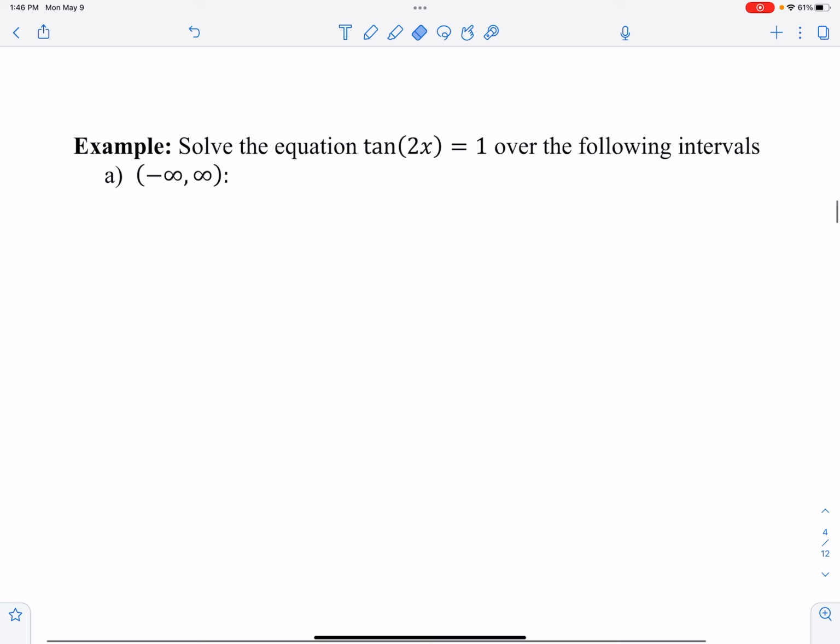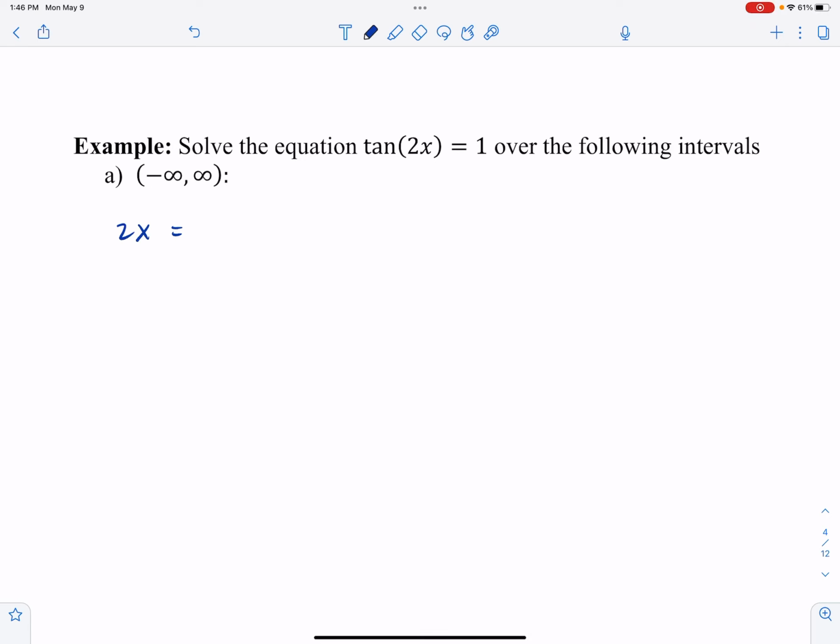Okay, solving the equation tan of 2x equals 1. Similar strategy: coming up with the general solution set first. 1 is a ratio for tangent on the unit circle, so we come up with the general solution set basically using inspection.